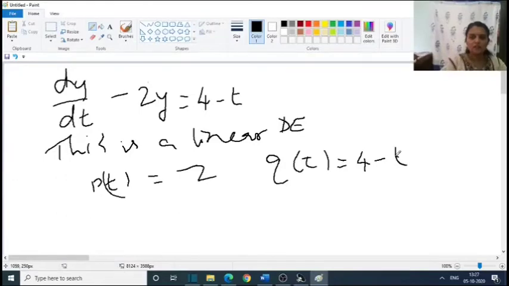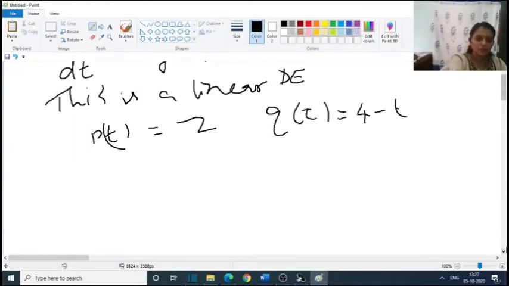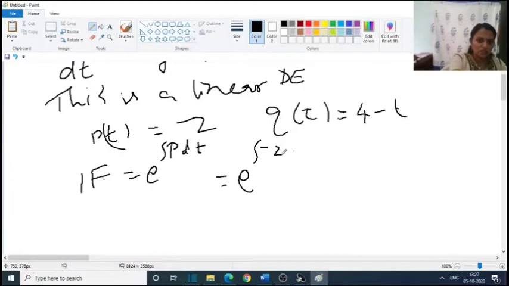Here the variable is t. We have to find the integrating factor first, which is e raised to integral p dt, which is e raised to integral minus 2 dt, which is e raised to minus 2t.